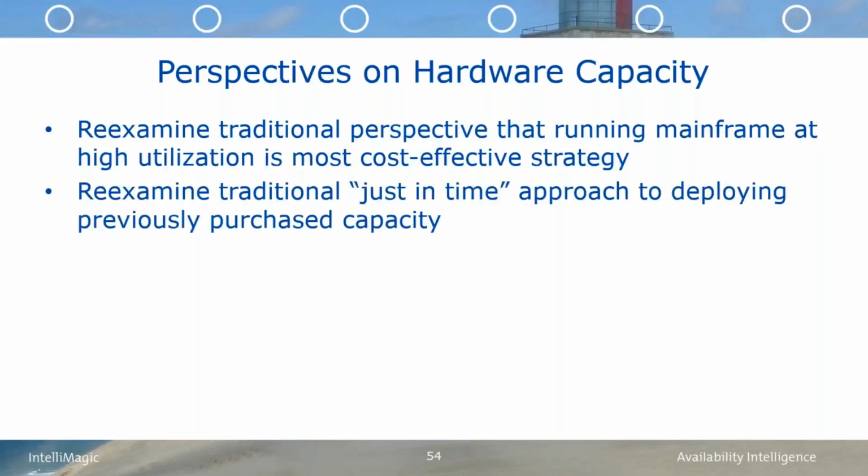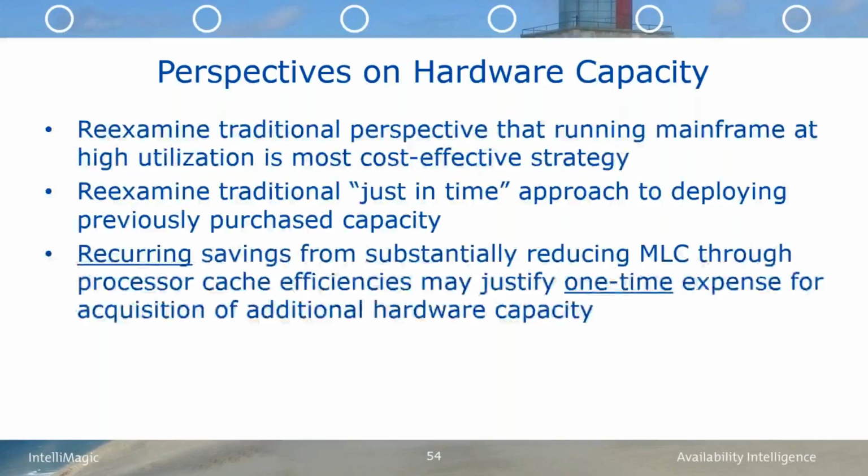But these sites tend to deploy that previously acquired capacity in a just-in-time manner rather than reaping the recurring benefits of MLC software savings by deploying surplus capacity as soon as it's acquired. In many cases, the driver of this just-in-time approach is independent software vendor licenses, which I'll speak to shortly.